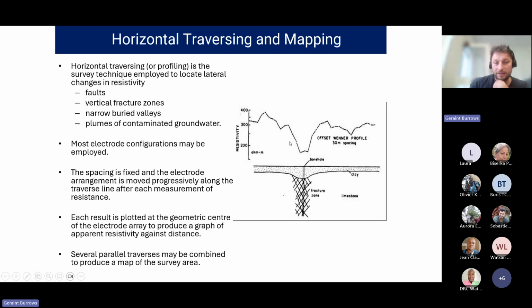So when you're looking to potentially do a vertical electrical sounding to get more information about the depth profile, you'd of course choose this point here where lower resistivity is encountered.